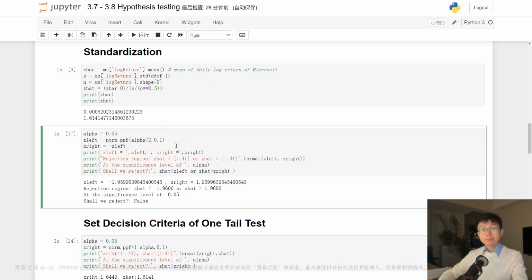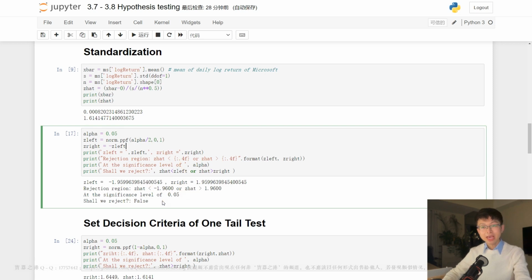So based on the calculated value of the test statistic and the rejection regions, we can make a conclusion about the null hypothesis. If z hat falls within the rejection region, we reject the null hypothesis and conclude that the sample provides evidence against the null hypothesis.